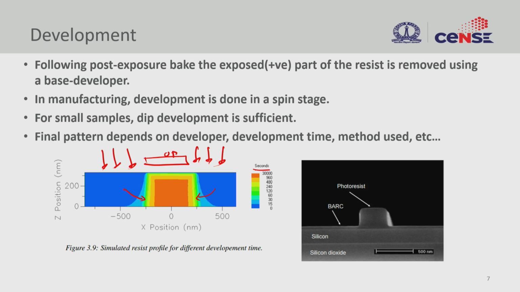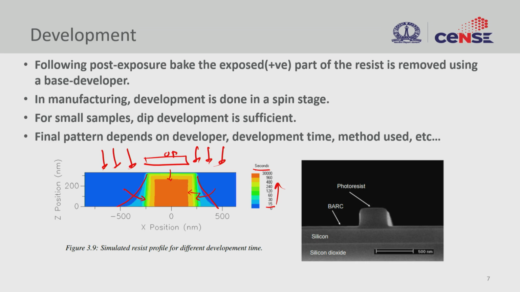So at just 15 seconds, you see the profile has a very large foot, right? But then if you increase the development time, the profile becomes much steeper, but you will also consume some thickness.